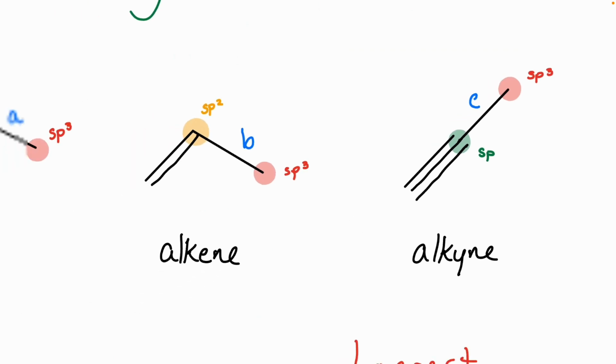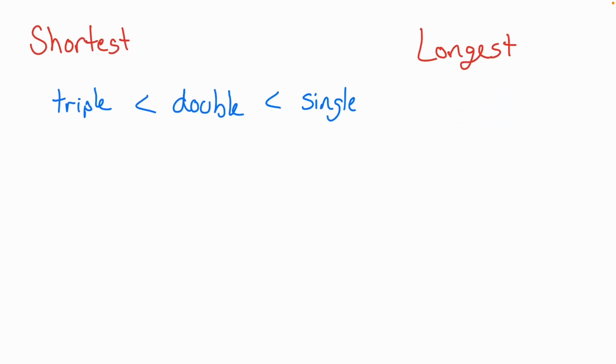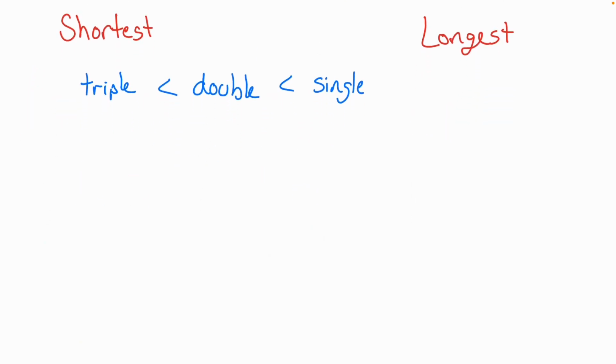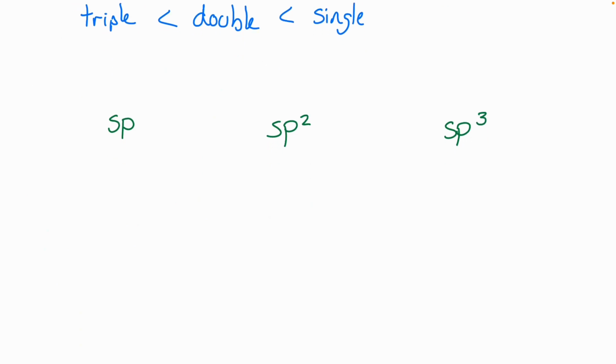Okay? All right, so if we look at these hybridized orbitals here, the sp versus the sp2 versus the sp3, they actually share very similar shapes. So we're just going to draw them out here. All right, they've got this little peanut shape to them.